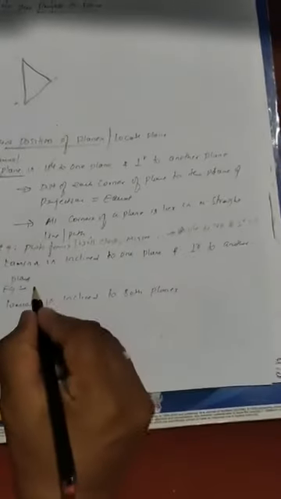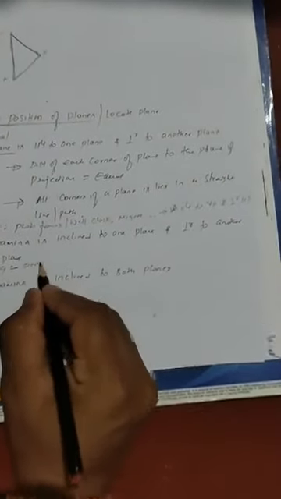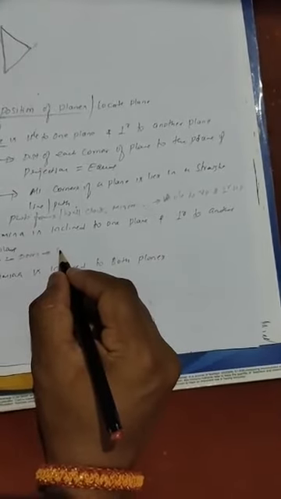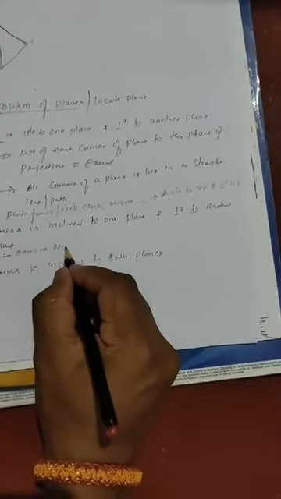Similarly, the second example: the lamina is inclined to one plane and perpendicular to another plane. Example, take doors, the small opening of doors or windows.